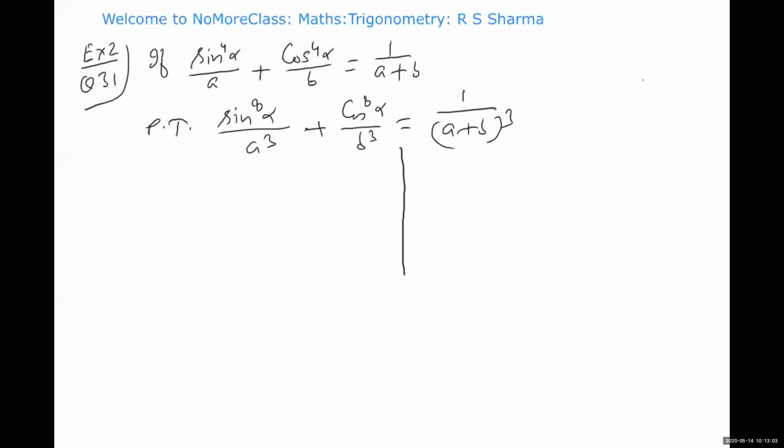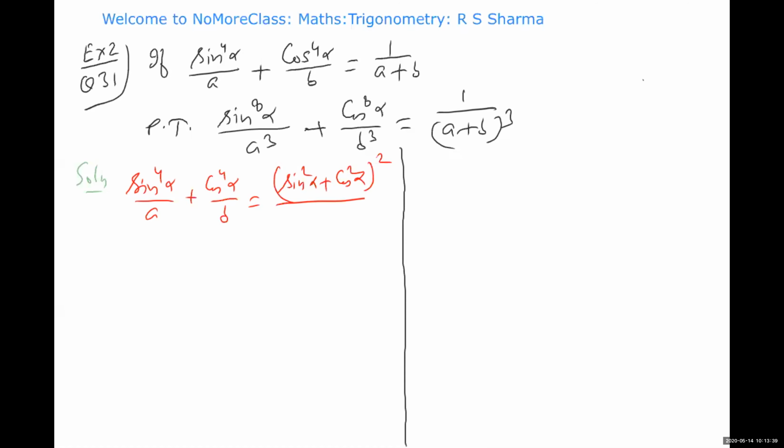Yes, one by one I am taking. So in this case, sine 4 alpha upon A plus cos 4 alpha upon B is equal to 1 upon A plus B. So let us write this as sin 4 alpha upon A plus cos 4 alpha upon B is equal to, this I can write 1 as sin square alpha plus cos square alpha whole square upon A plus B, because 1 is equal to sin square alpha plus cos square alpha.